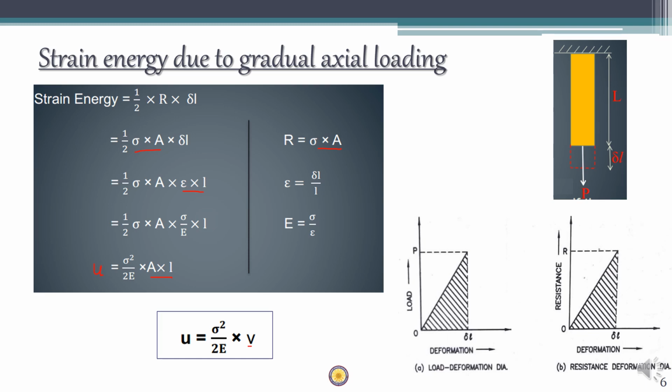So we can say that the expression for strain energy U is equal to sigma square divided by 2E into V. Okay, so as long as the resistance versus deformation curve is a triangle, the strain energy will always be U is equal to sigma square by 2E multiplied by volume, right? So this is something to be remembered. Got it?